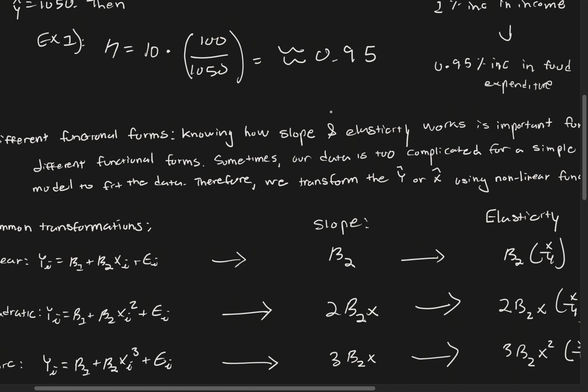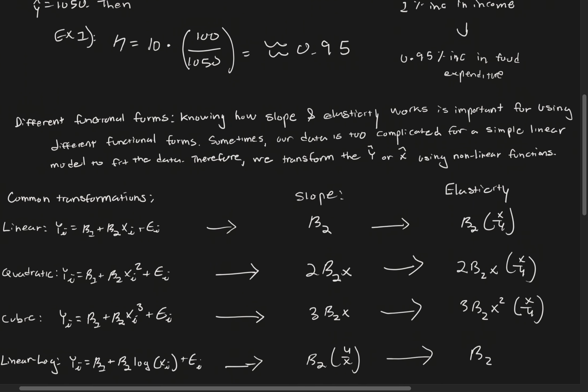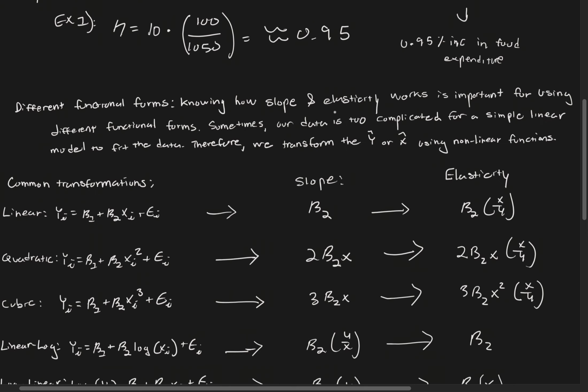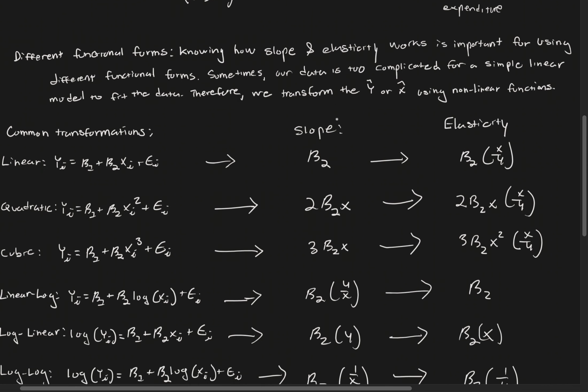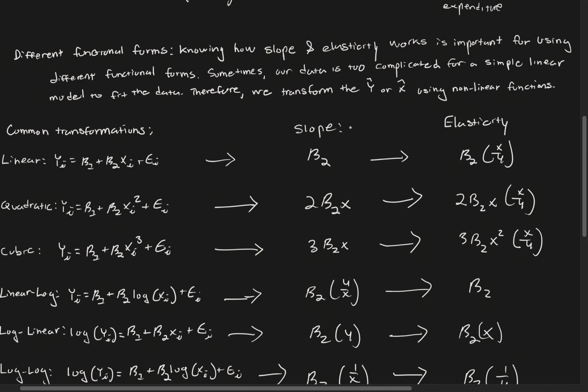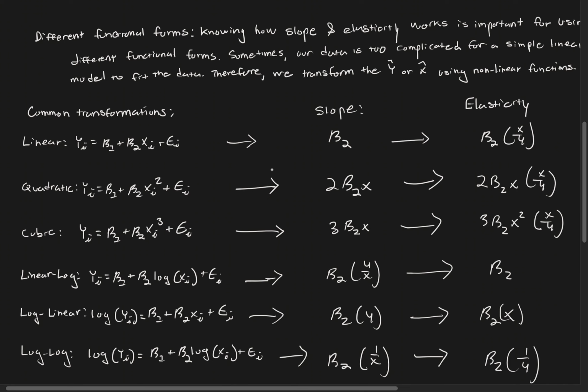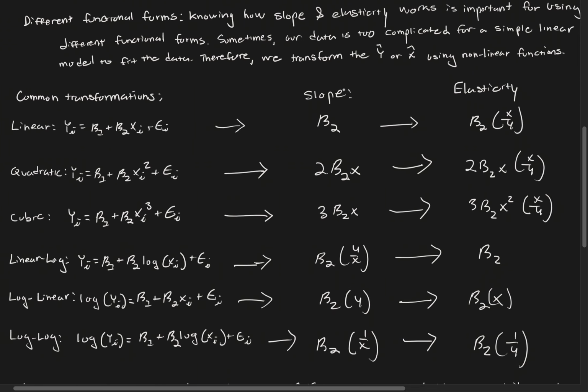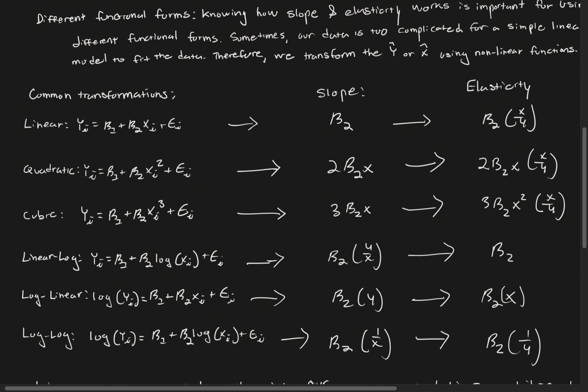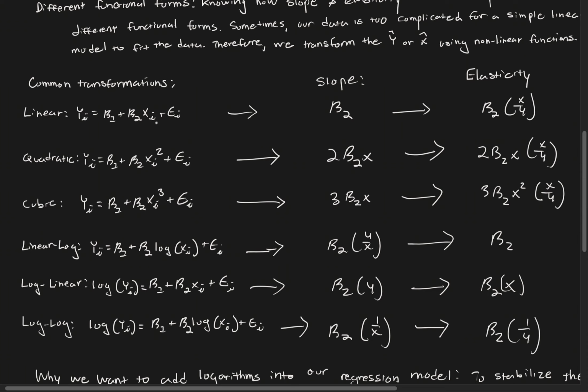All right, so now we can get into the different functional forms. And knowing how our slope and elasticity work for the different functional forms is crucial, because that's how we distinguish these different functional forms when we're fitting the data. And so we do that by transforming the y hat or x. We don't always have to transform the explanatory variables.